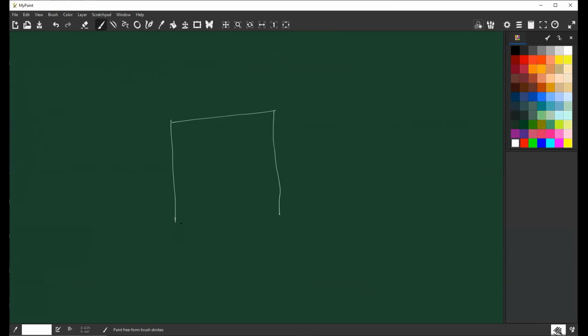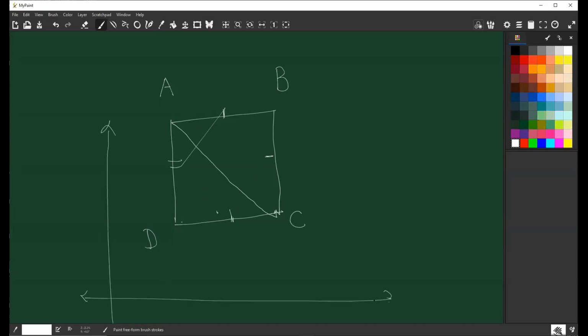Tell me this. If this is a square, how do you find the slope? Now understand, AB is parallel to CD is parallel to the x axis, given. So what will be the slope of AC, tell me? What will be the slope of AC?